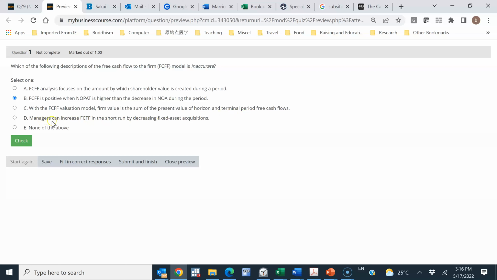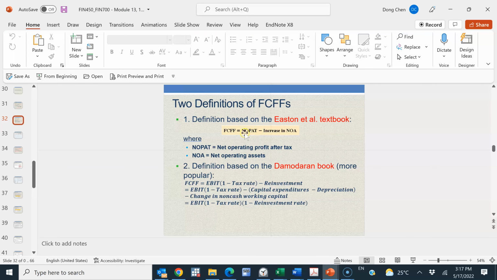D, managers can increase FCFF in the short run by decreasing fixed asset acquisitions. This is also true because if you look at the calculation for the FCFF, it's NOPAT minus the increase in NOA. And if you check the definition of the NOA, that includes the capital expenditure.